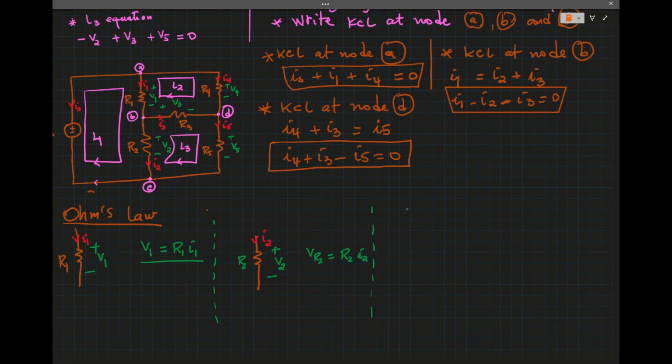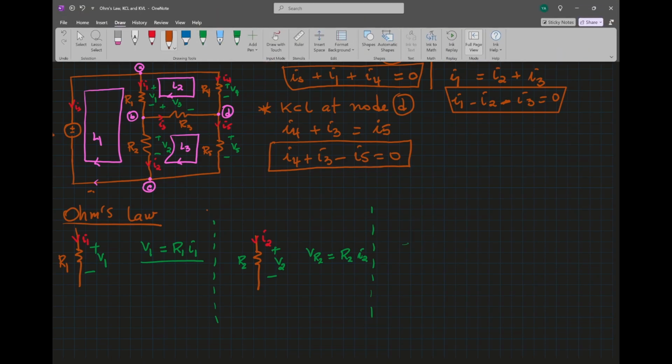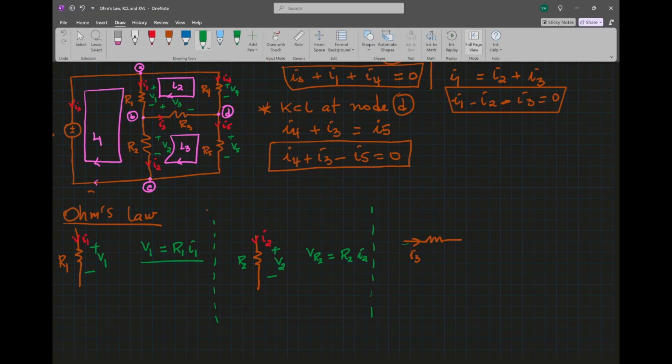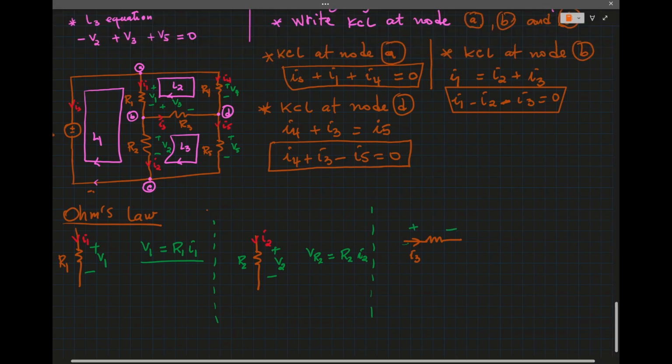So what about resistance R3? For R3, we have I3, and the voltage across it is V3.